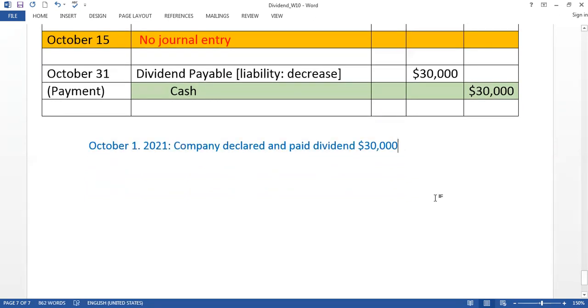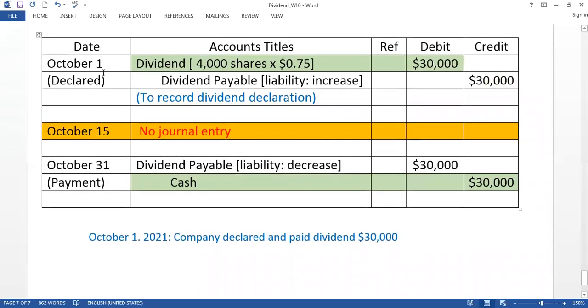What is the journal entry? Okay, let me explain here first. Narration: you have to write a narration to record dividend payment.